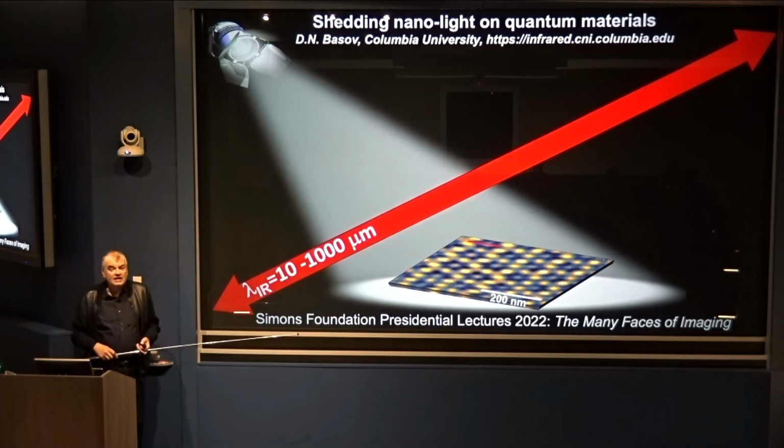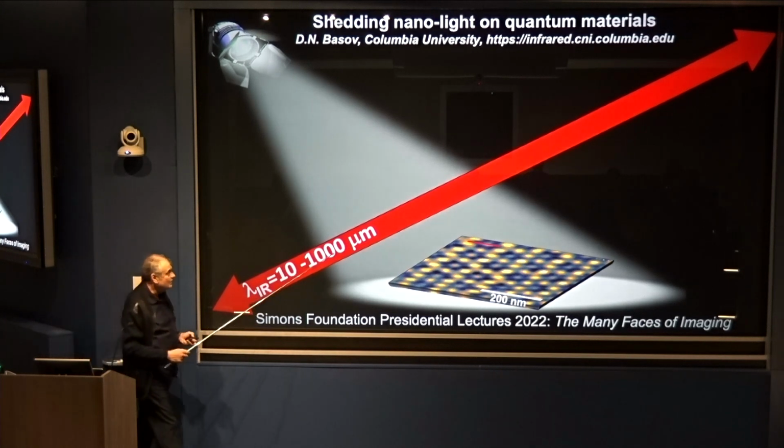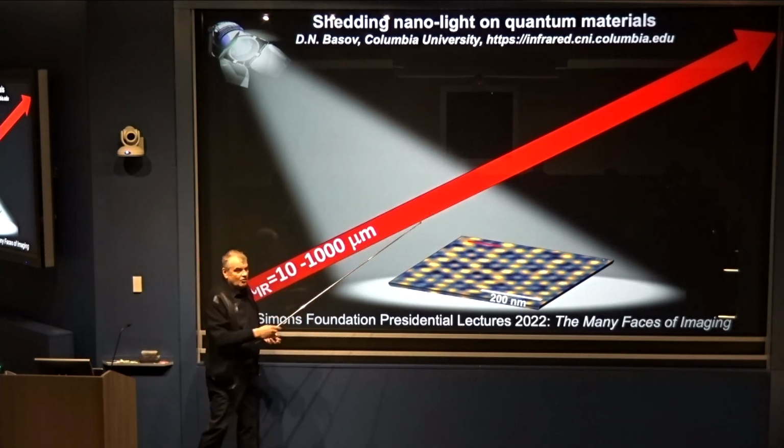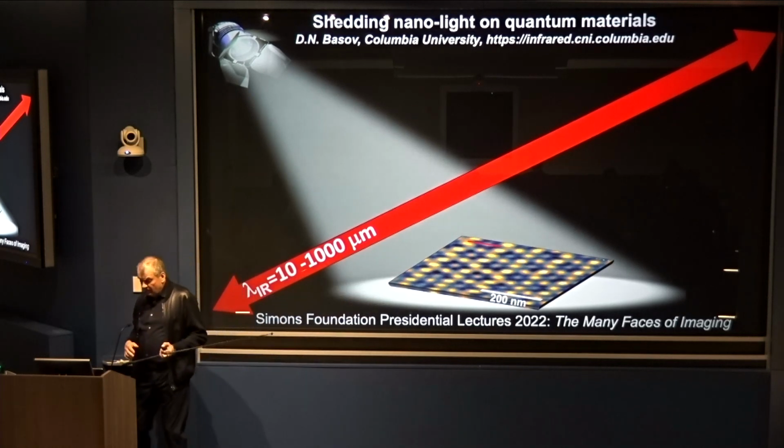So we are facing an intrinsic problem of a mismatch between the wavelength associated with our probe and the length scales that we are trying to resolve in our materials.